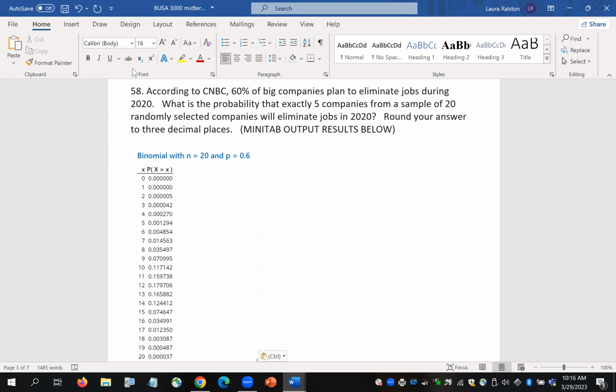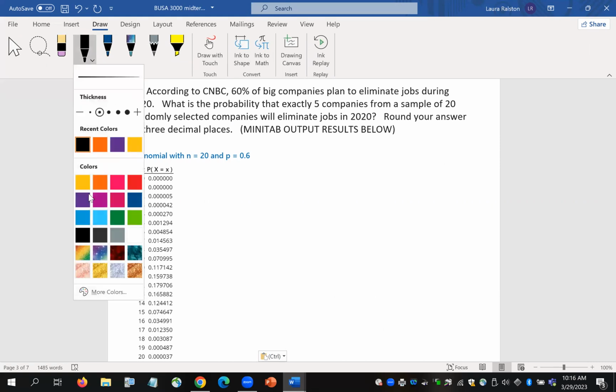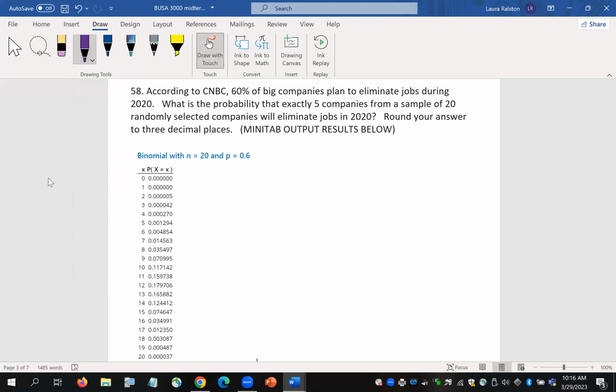What you have to remember is how to calculate. In this case, the question says exactly 5. Let's say I don't remember how to do exactly. So the key word here is exactly.